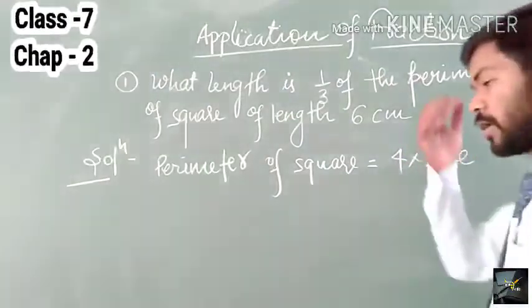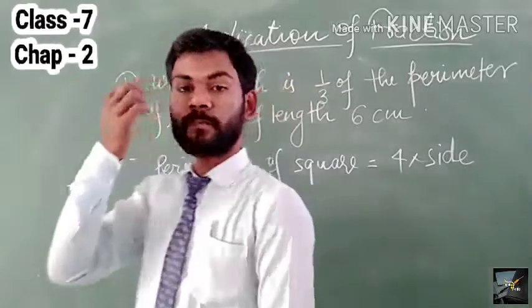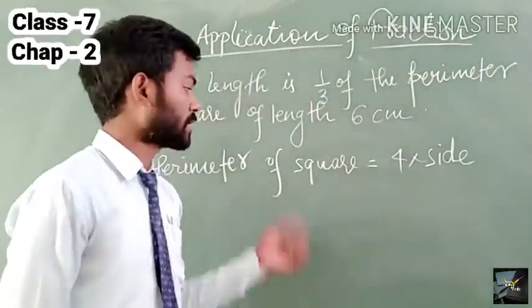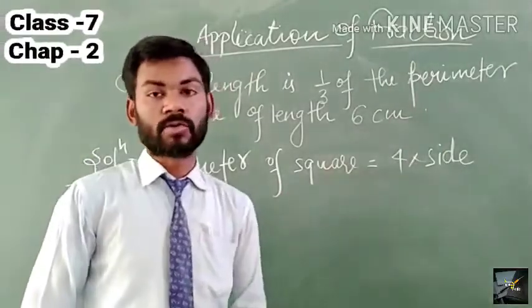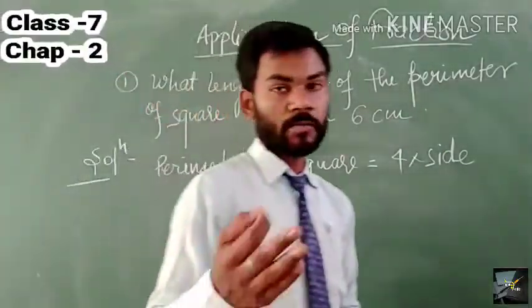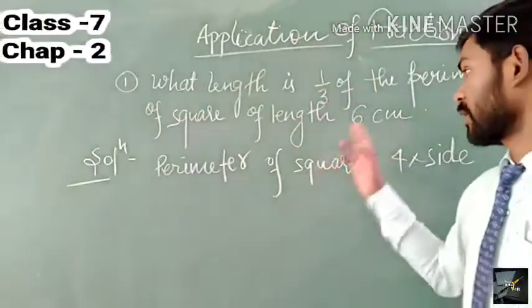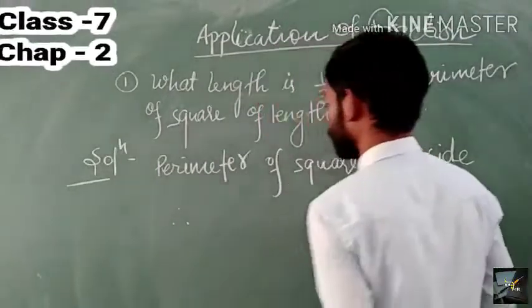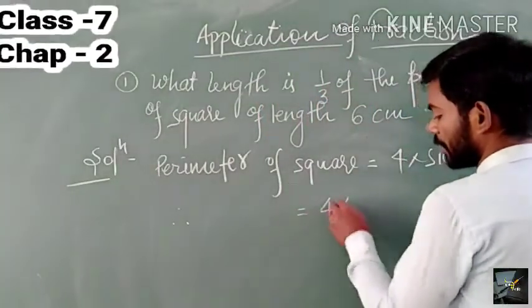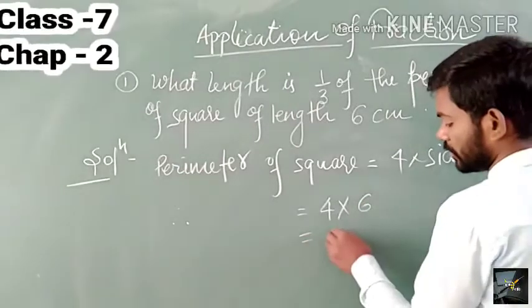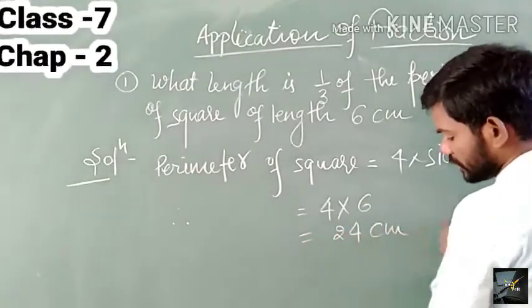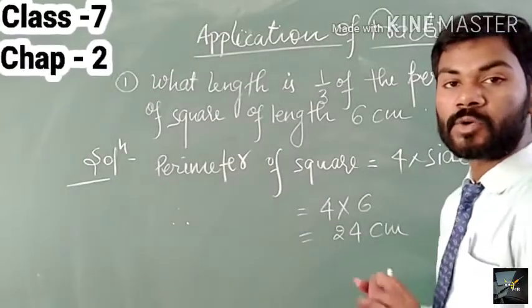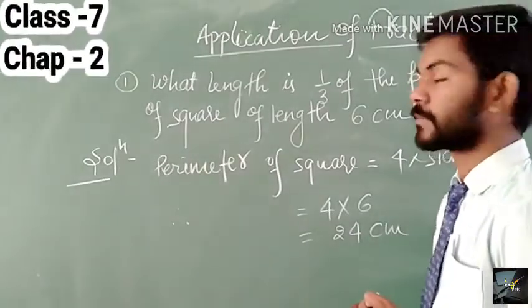This is the formula to find out the perimeter of a square. The side of the square given in the question is 6 centimeter. Therefore, we get 4 multiplied by 6, and this is equal to 24 centimeter. Therefore, the perimeter of the square is 24 centimeter.